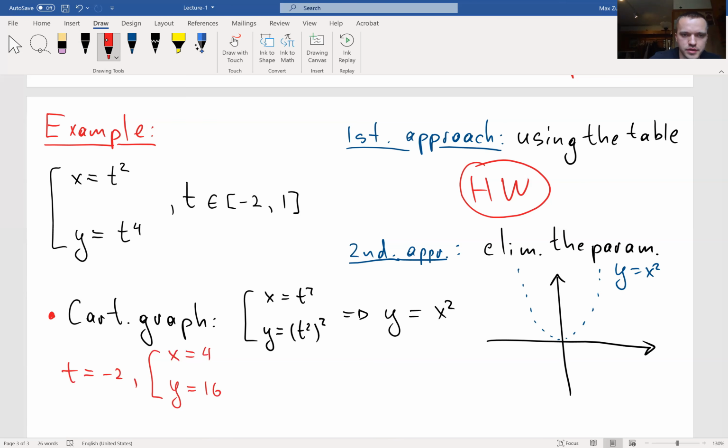And then when t is equal to 1, x is equal to 1 and y is equal to 1. So when I have 4 and 16, I'm going to have a point over here: 1, 2, 3, 4. So that is going to be a point.